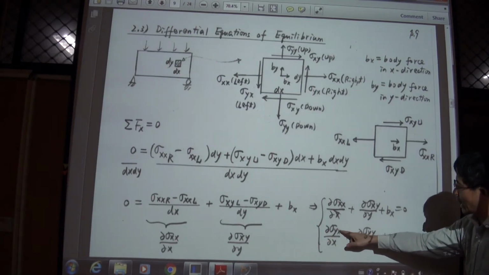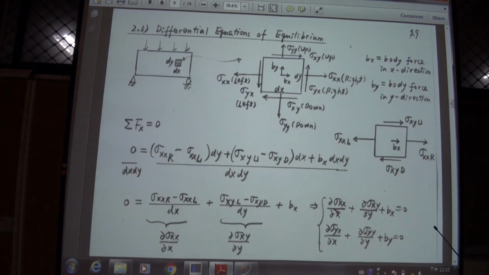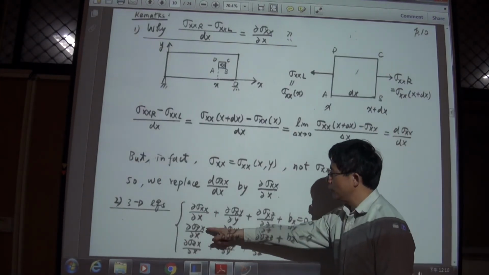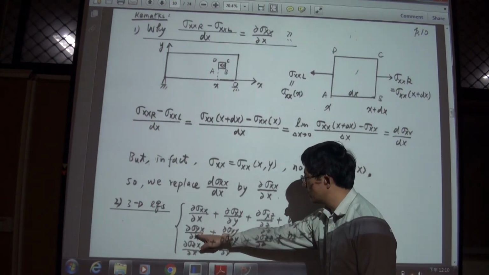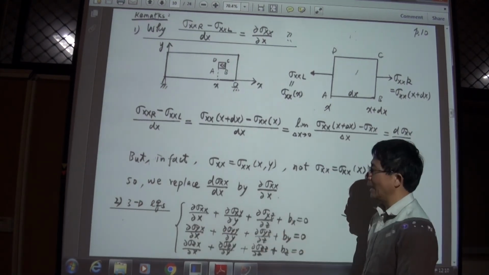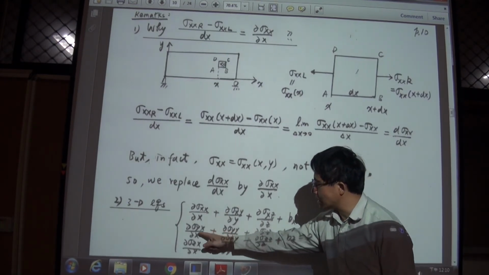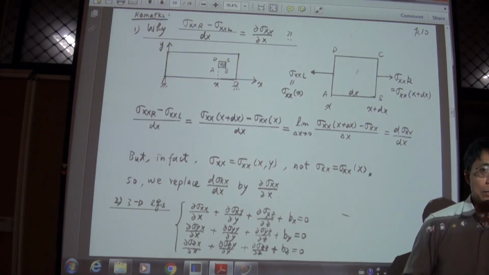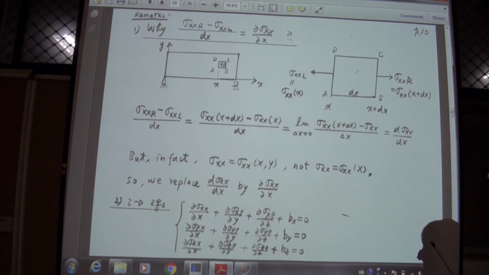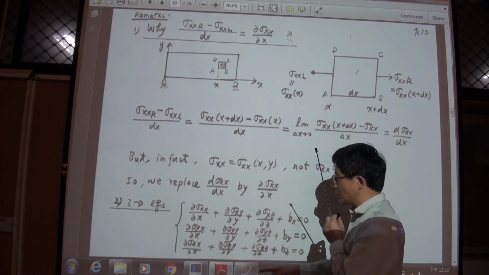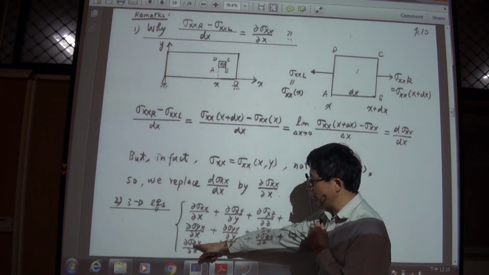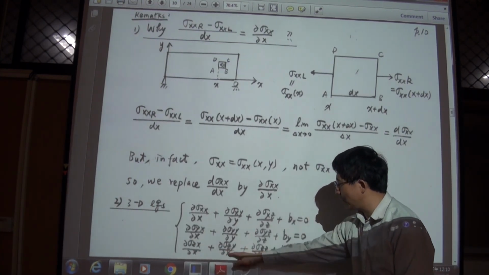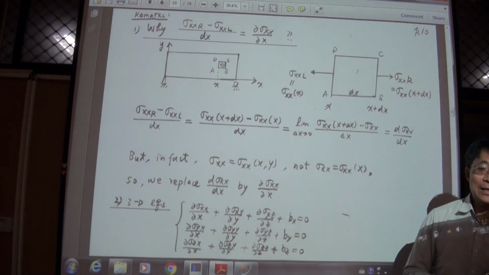And then second index: yx, yy, yz. And then you get the second equation for the three-dimensional equilibrium state. And then for the third equation, you write the first index as z, and the second index as zx, zy, zz. And then you are done. Okay? So it is easy.